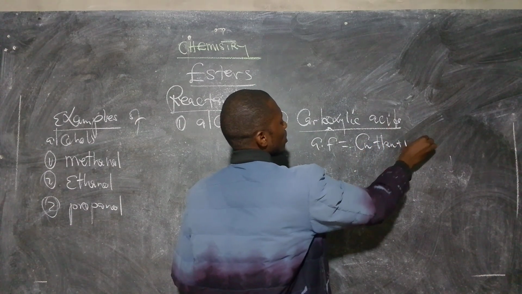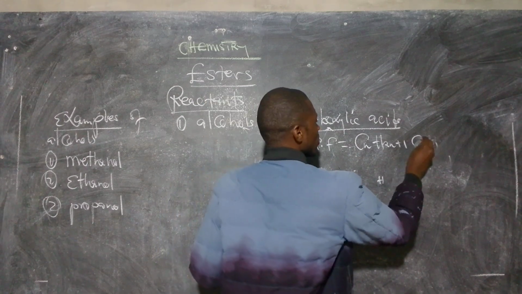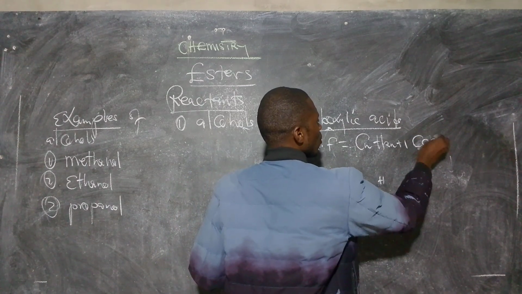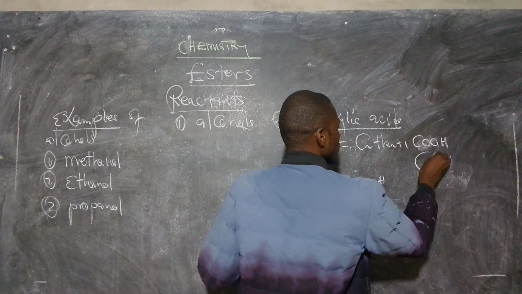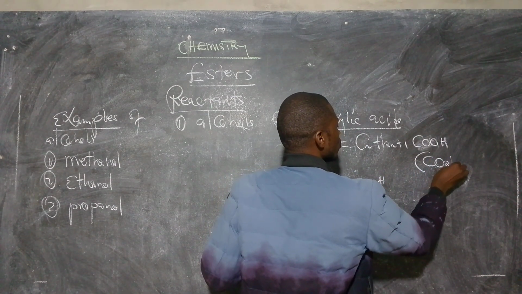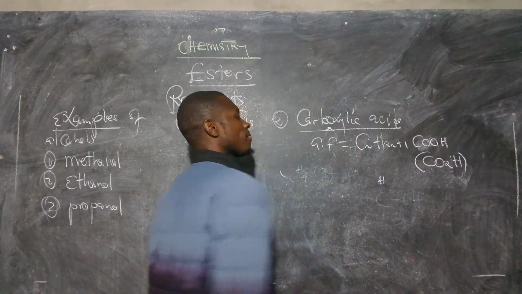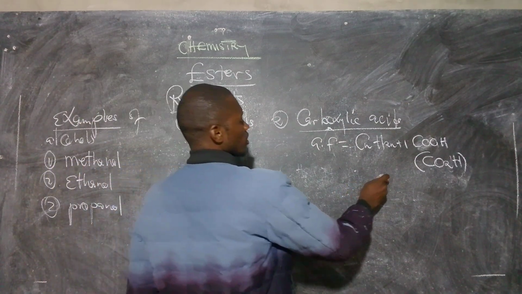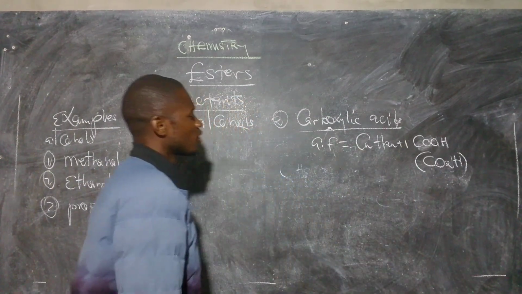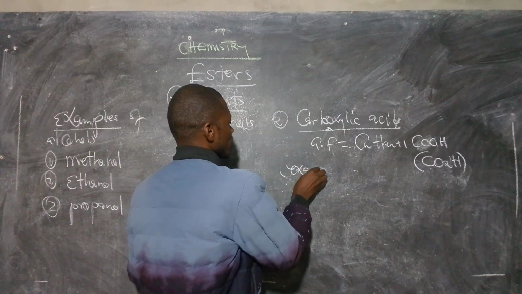So it will be CnH2n+1. Then its functional group is written like this. So COOH. Or someone can say CO2H. So this and this are the same. So since we have this general formula, examples of these acids.